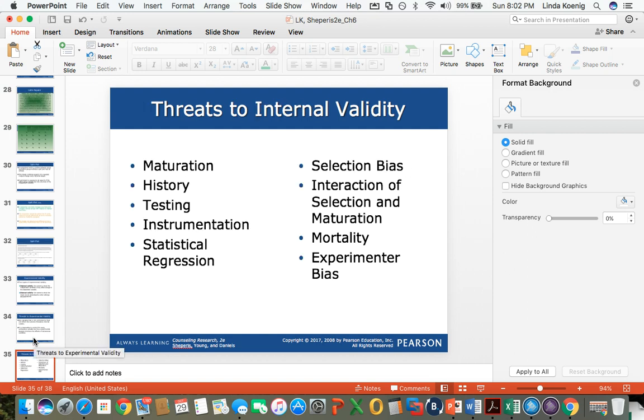All right, all of these are threats to internal validity. These are talked about in your book at some length. I'm not going to go over each one of them because I think it's something that you can read for yourself. But just know that there's a lot of things that we have to pay close attention to and try to eliminate as far as internal validity.